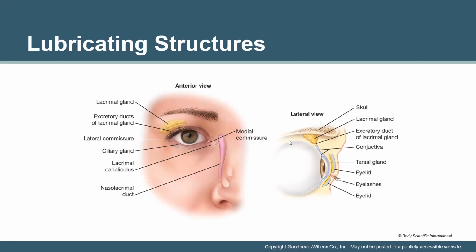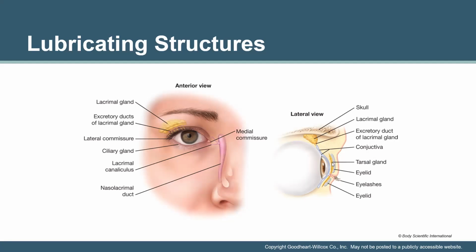When we look at the lateral view of the eye, we can see where everything sits a little bit better. So we see bones of the skull, and then we can see the lacrimal gland itself sitting up underneath it and on top of the eyeball. It's a different representation from that anterior view.